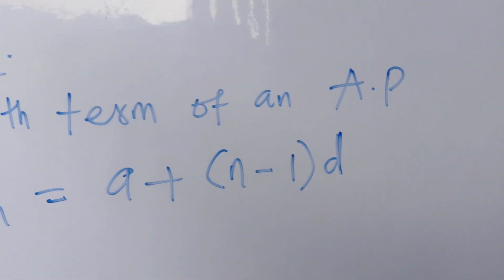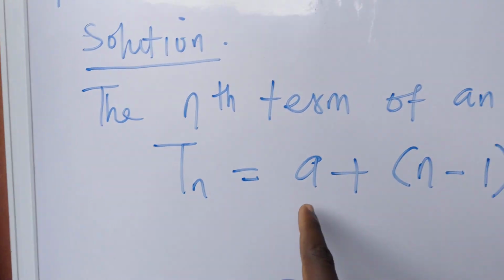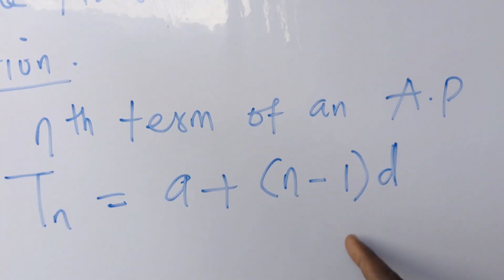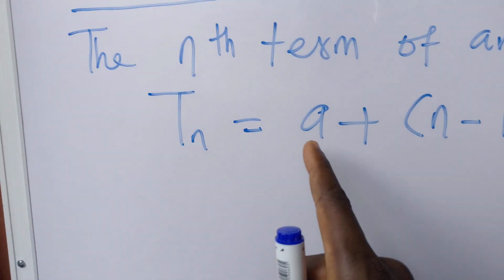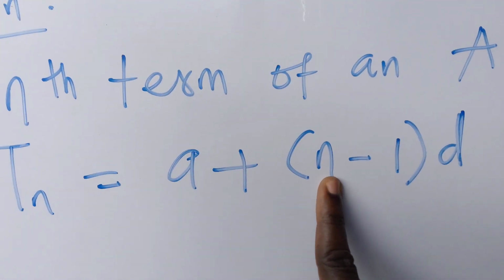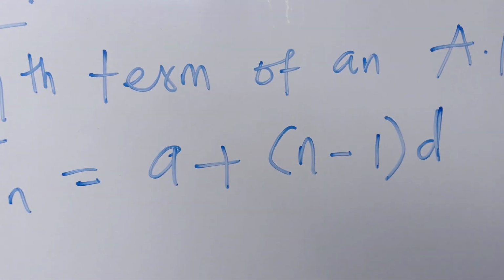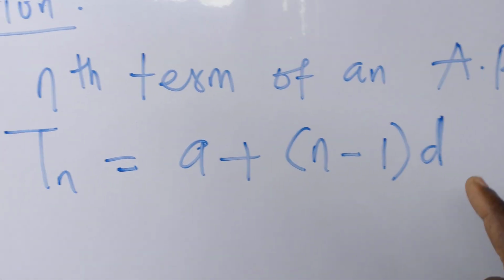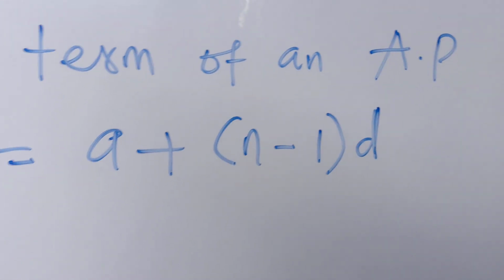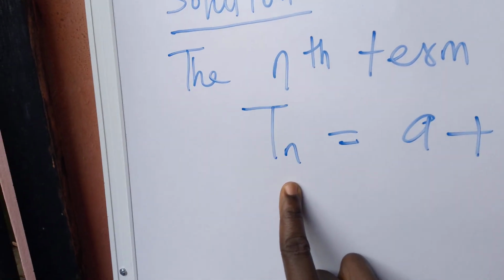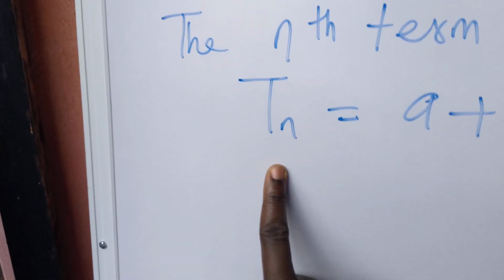The nth term of an AP is given by Tn equals a plus n minus 1 times d. And a is called the first term, n is called the number of terms, d is called the common difference. Then Tn is the nth term.